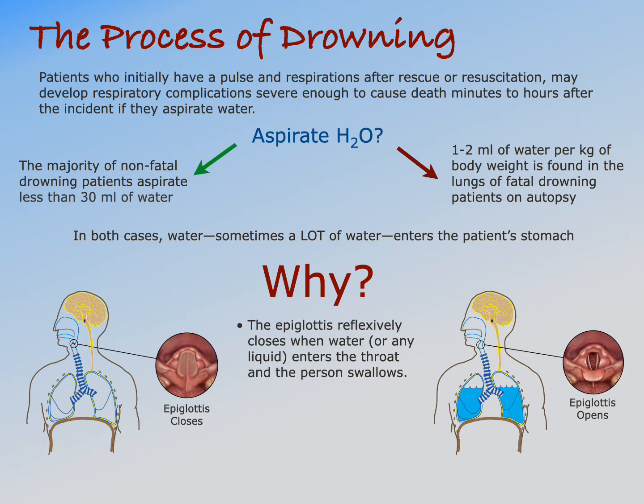So in most people, as water floods into their airway, their epiglottis slams shut, like the picture on the left, and they swallow the water. And this reflexive protection typically remains in place until the patient becomes unresponsive. And it works pretty well in both cases.